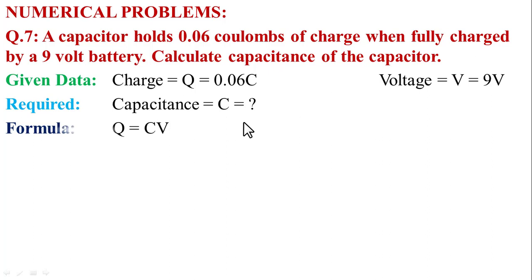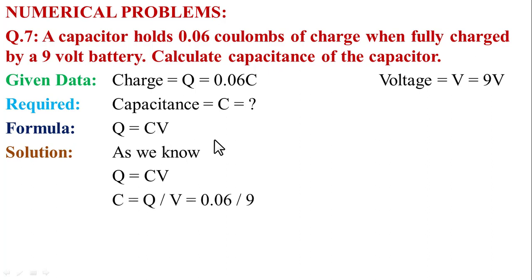Using the formula, we know that Q is equal to CV. Then finding the solution, as we know that Q is equal to CV, putting the values, we can find the C. C is equal to Q upon V, that is equal to 0.06 divided by 9.